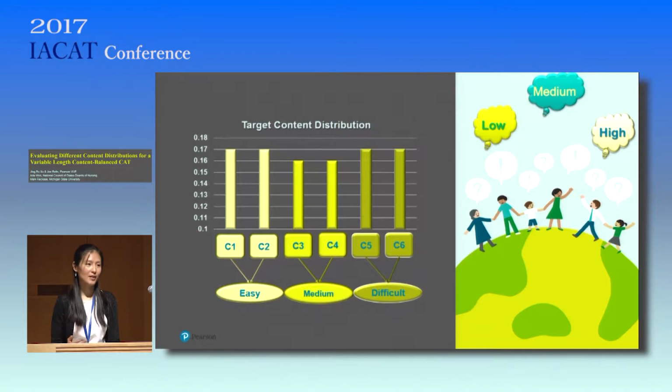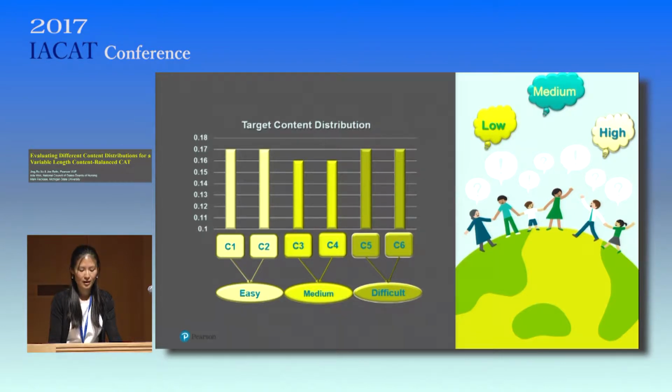Then there is another examinee from a less competent ability group. But still, this examinee will be administered the same number of items from easy content areas and from difficult content areas.